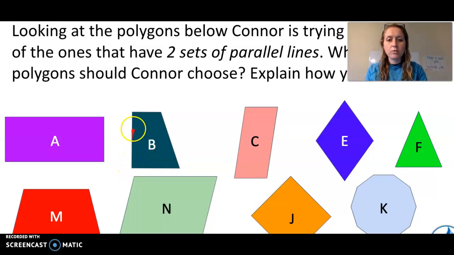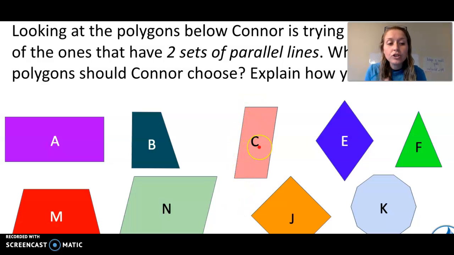But this one, B, this would go over and up and up, but this one would end up crossing right about here. So that does not have two sets of parallel lines. It might have one, but it does not have two. And all of these are polygons because they don't have any curved lines. They're all closed figures.